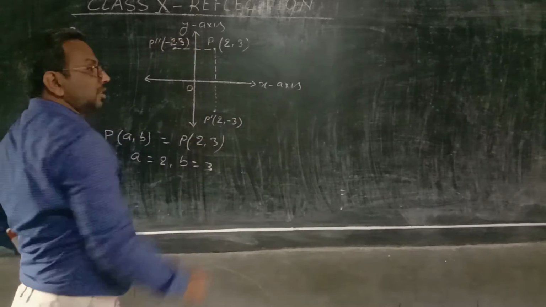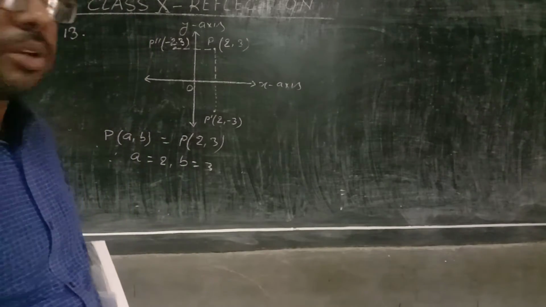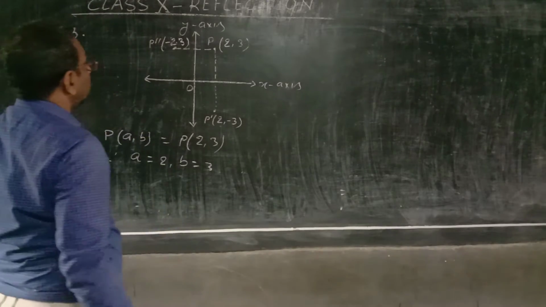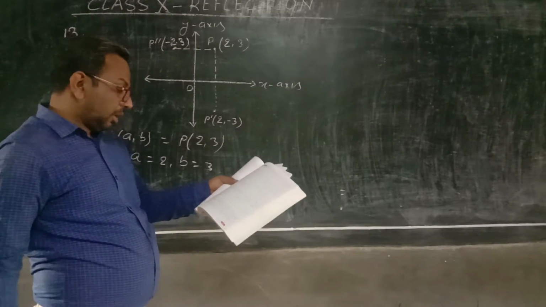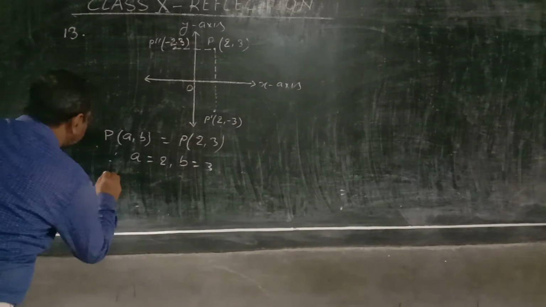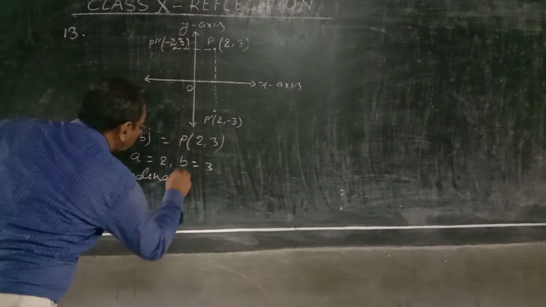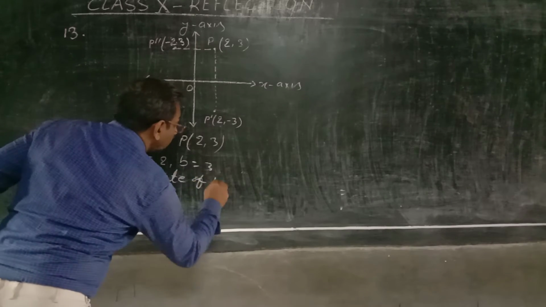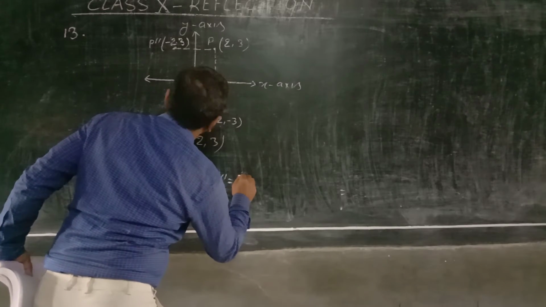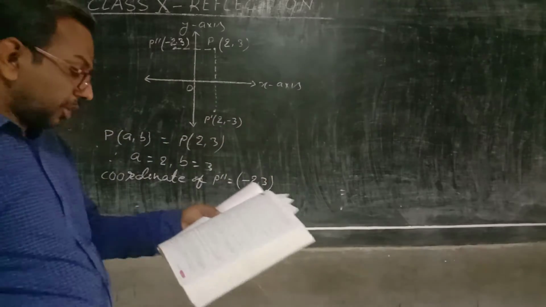You know, in the second quadrant, if any point lies, its abscissa will be negative, but ordinate will be positive. In the question it was asked, write the coordinates of P double dash. So right here, coordinates of P double dash equal to (-2, 3).